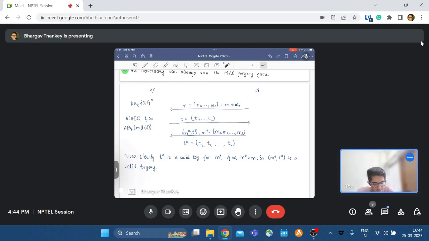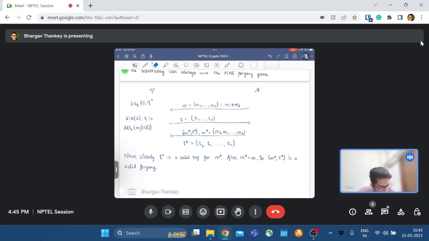Now, the verifier would send these tags. Let's say the tags are T1 to TL, right? Now, even individually, T1 is the right tag for M1, T2 is the right tag for M2, and so on, right? So when the adversary sends the message M star comma T star, where M star is M2, M1 up to ML, and T star is T2, T1.